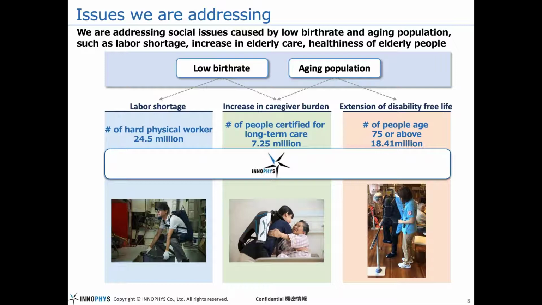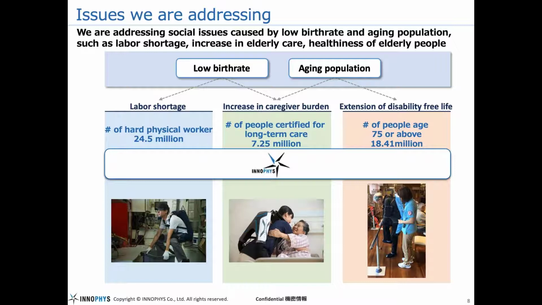In Japan, the number of hard physical workers is about 24.5 million, the number of people certified for long-term care is about 7.3 million, and the number of people aged 75 or above is 18.4 million.